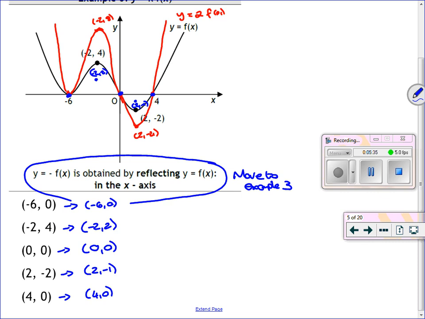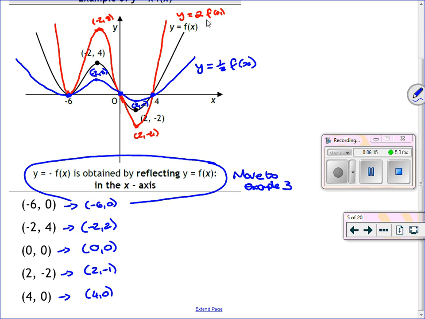So when we have this idea of compressing the graph, because we're multiplying by a number between 0 and 1, and not including 0 and 1, that tends to flatten it out a little bit. So that means that we have a graph that looks something like this. And that there is a graph of y is equal to a half f of x.